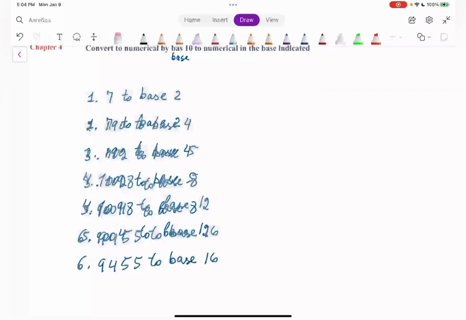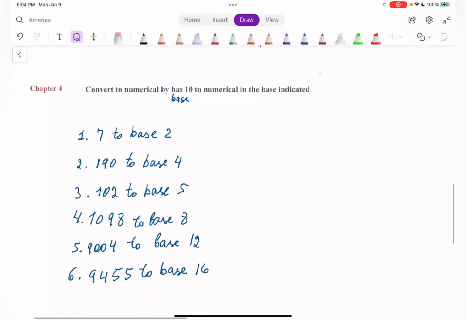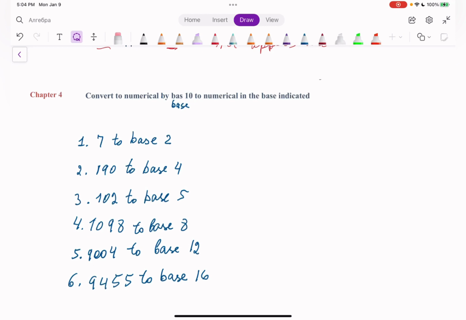Let's do the first one. Let's say we have the number 7, and we want to represent it in base 2. The way it works, since my base is 2, I'm going to figure out base 2 to what power can fit into 7. 2 to the power 2 is 4, right? 2 to the power 3 is 8, because 2 times 2 times 2 is 8.